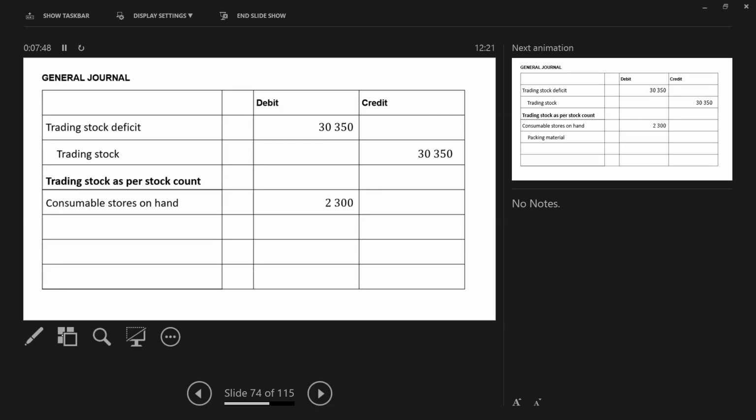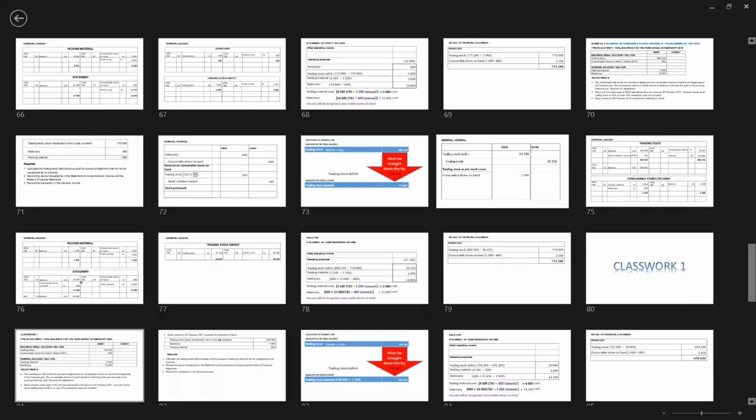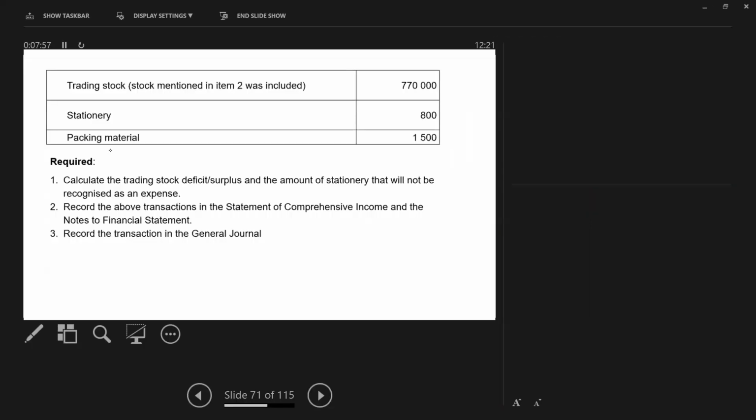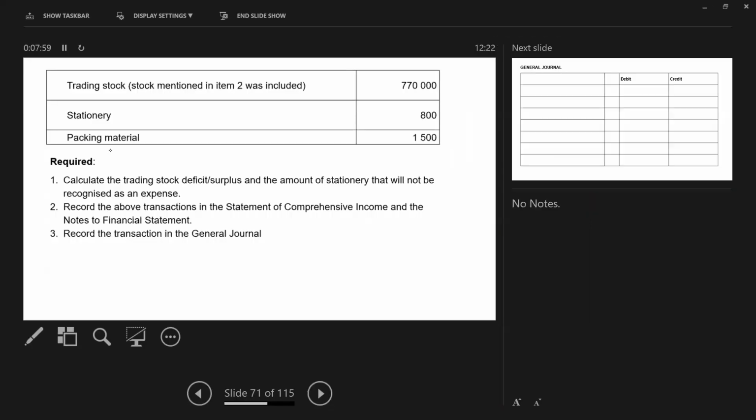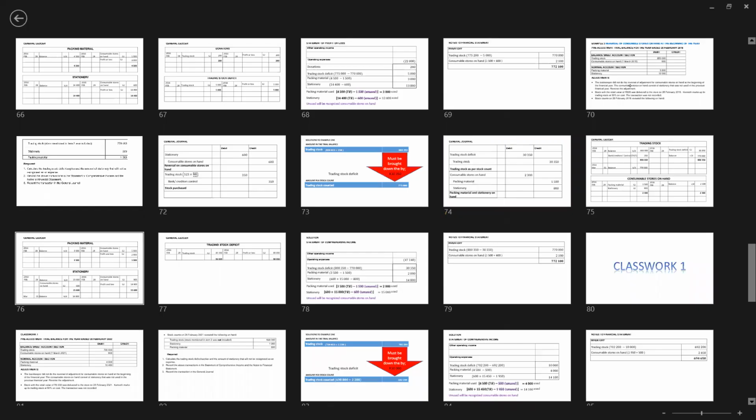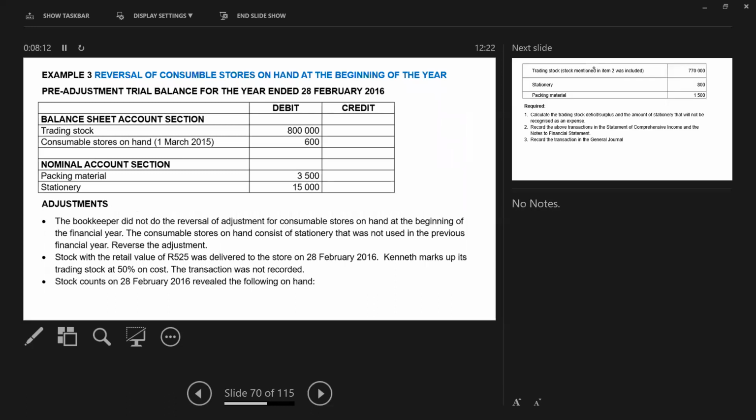This is that stationery as well as packing material that were unused at the end of the current financial year. They told you that these were unused on the 28th of February 2016. Stock count on the 28th of February 2016 revealed the following on hand, which is these over here.